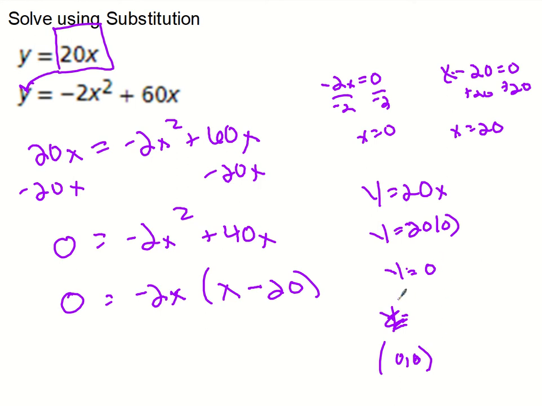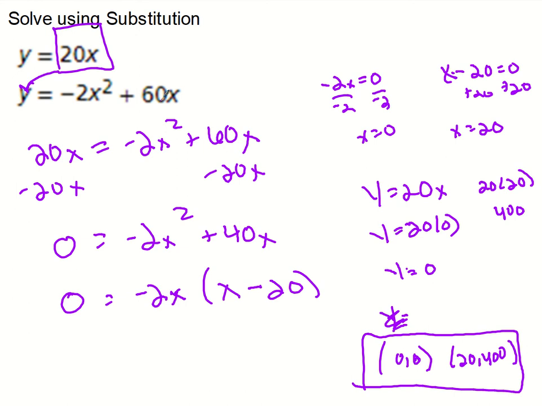So there's one of my possible solutions. And then the other one, when x is 20, I'm going to plug that in. So that's 20 times 20, which is 400. So my other solution is when x is 20, y is 400. So those are my two solutions to this particular system of quadratic and linear equations.